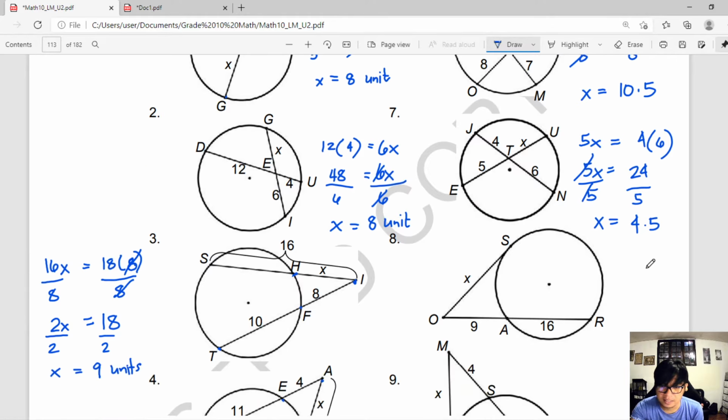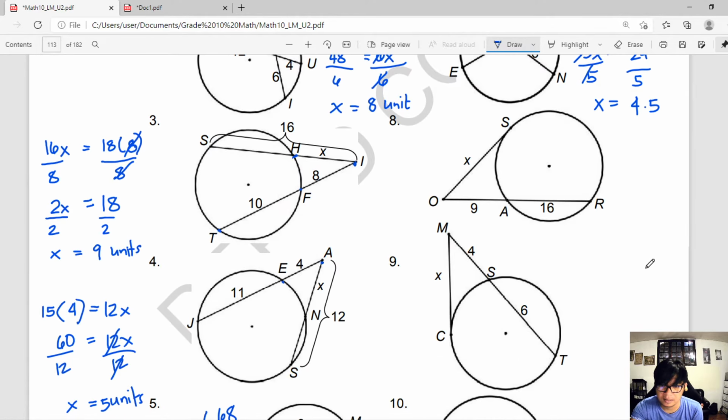Okay, number 8. This is the second theorem, where we have a tangent and a secant line that meet. What we do here is that the square of the tangent is equal to the product of the secant times its external secant segment.